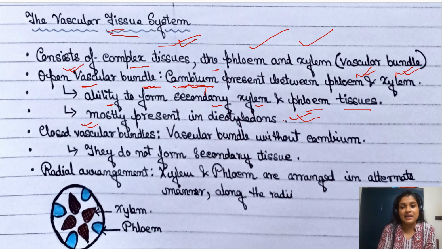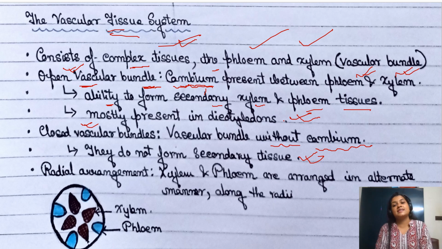In open, there is cambium. In closed, there is no cambium. So this is the primary difference between open and closed vascular bundle. And another difference is that they do not form secondary tissue.